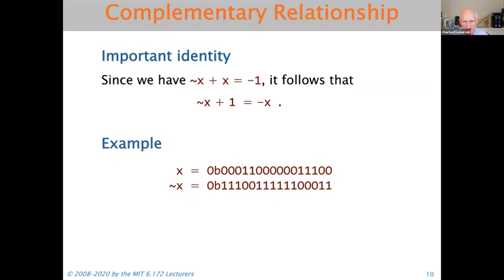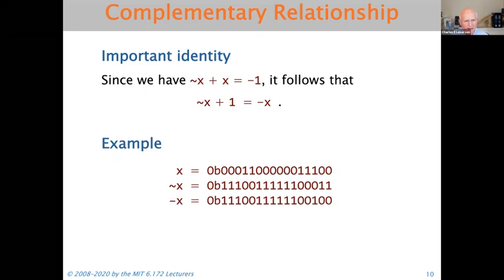When we do that, the carry propagates to the 4's position. The low position is 1, 2, 4, 8, etc. Since there are already two 1's there, adding 1 propagates to the 4's position, and that's the result of minus x.